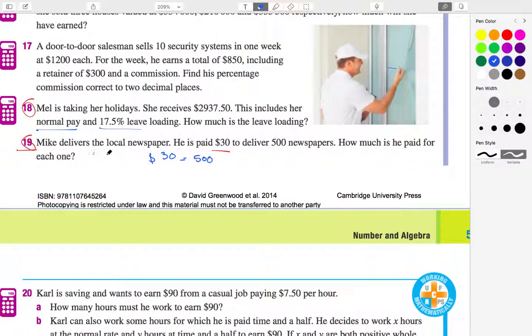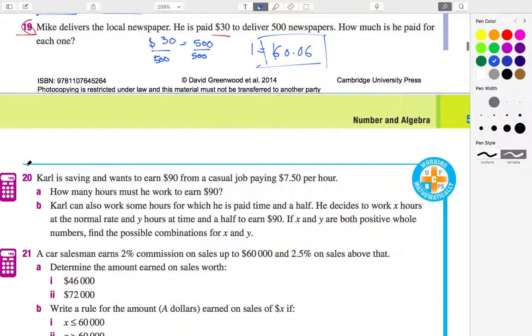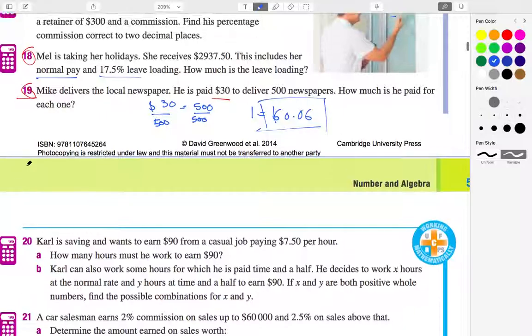If I want to find how much he gets for one, I divide both sides by 500, and that tells me how much one newspaper is. So $30 divided by 500, and that's $0.06. Okie dokie. So that's how you can do that question there.